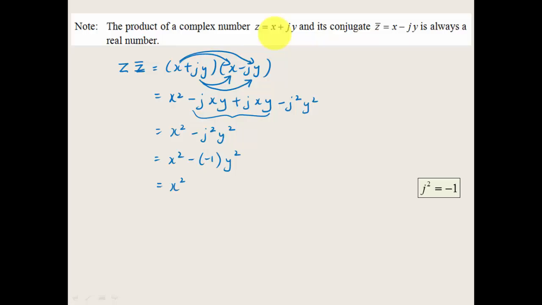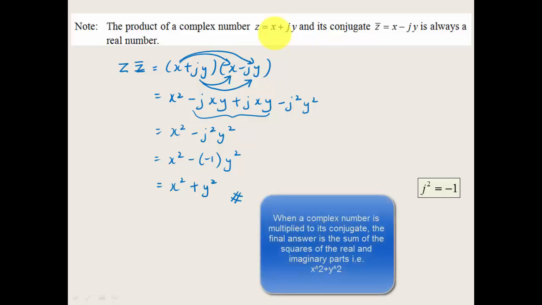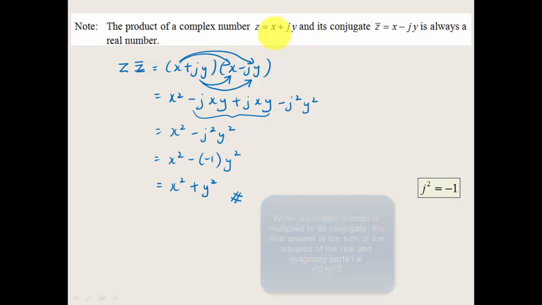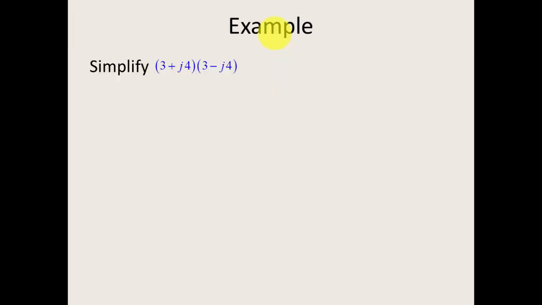Negative negative 1 is positive 1. And that is my answer. Notice that my final answer does not contain any j, which is in line with what we just said. When you multiply a complex number with its conjugate, you always obtain a real number.